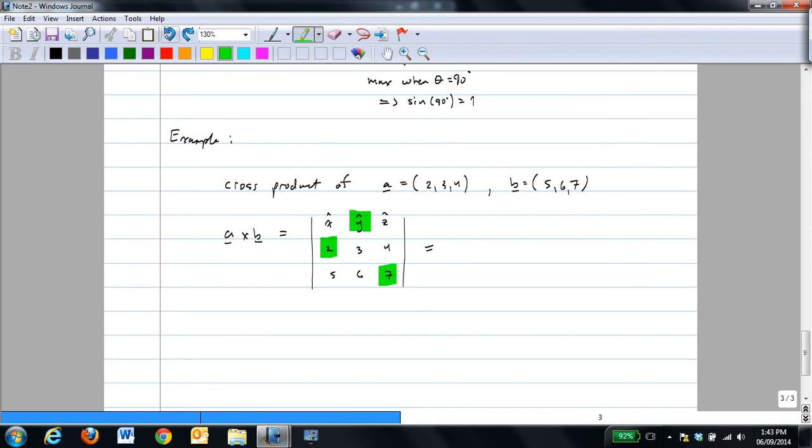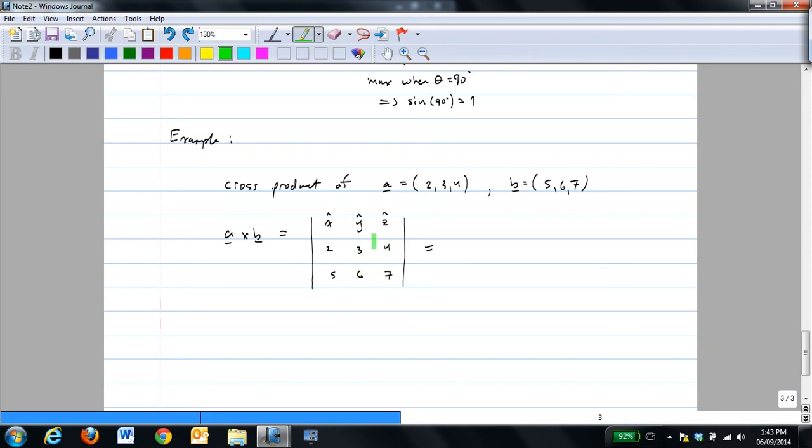Basically what you can do is cover up this row when you're finding the x hat, or the x component of the vector. You cover up this row here and this row here, and then all you're left with is this matrix here, which you want to find the determinant of. It comes down to just multiplying these two together, minusing these two multiplied together.